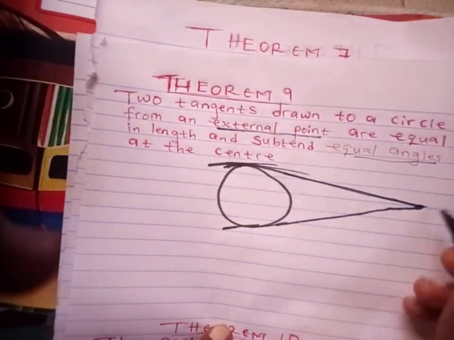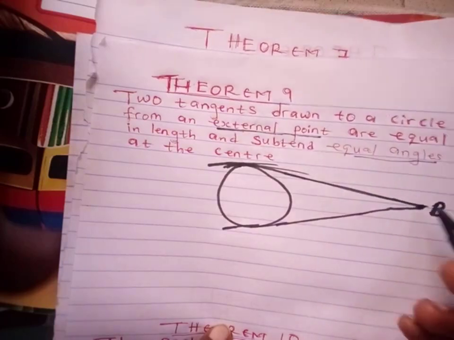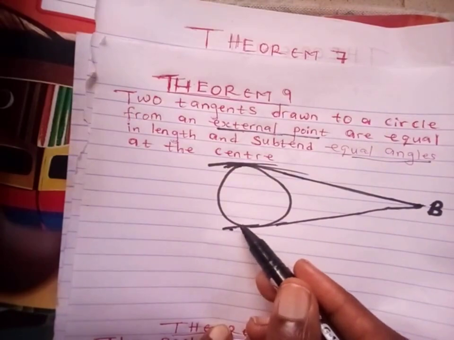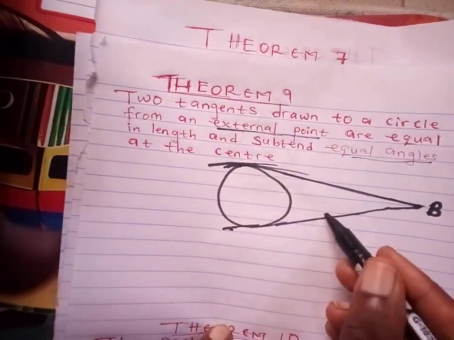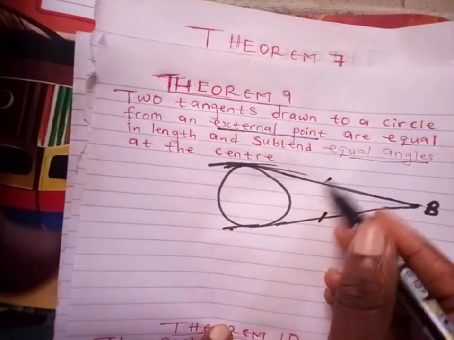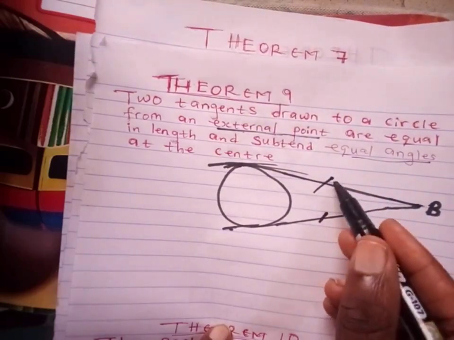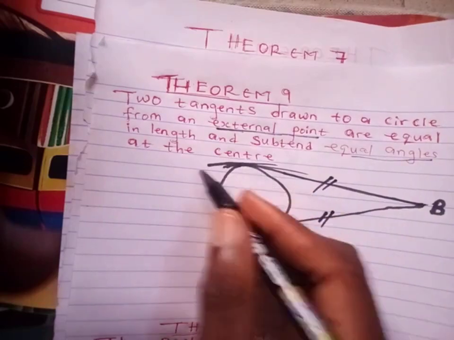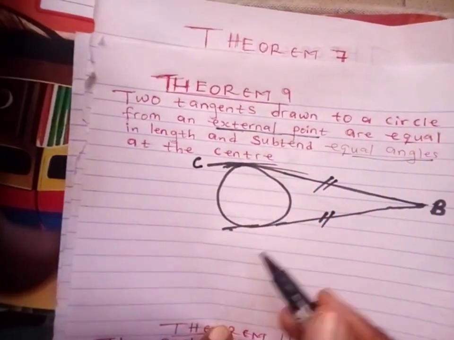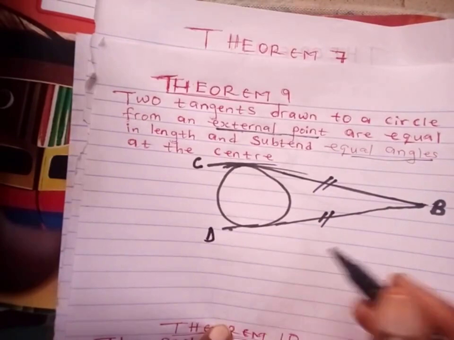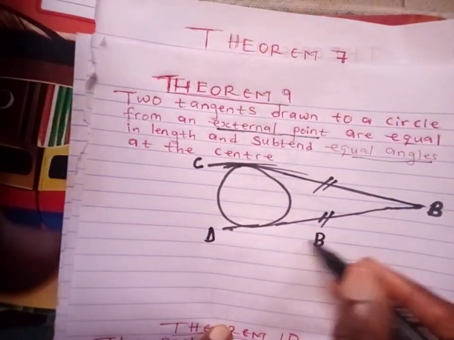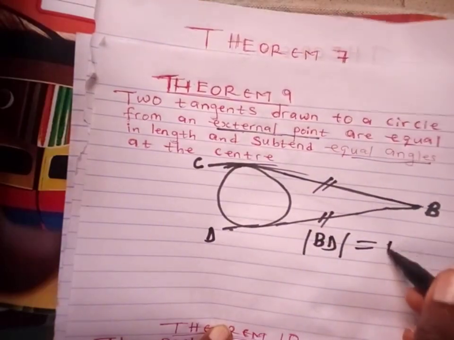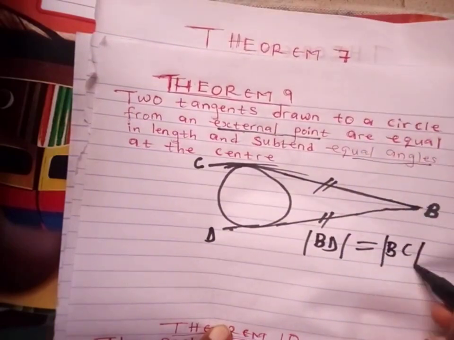Let's label here B. This is our external point. You have them running, meeting at this point. These two tangents are equal in length, meaning that this line and this line are equal in length. So this tangent will be equal to this very tangent. So if I label here C, and I label here D, it means that line BD is going to be equal to line BC, following the law.